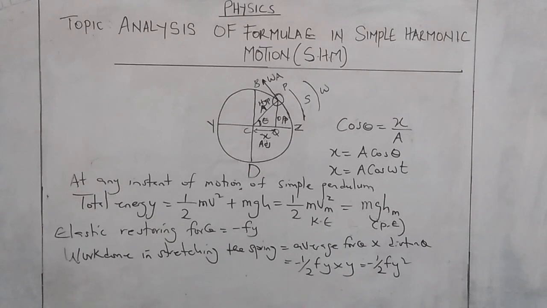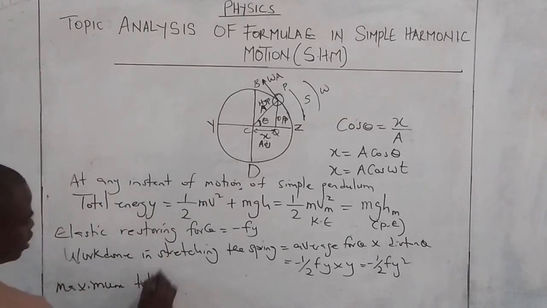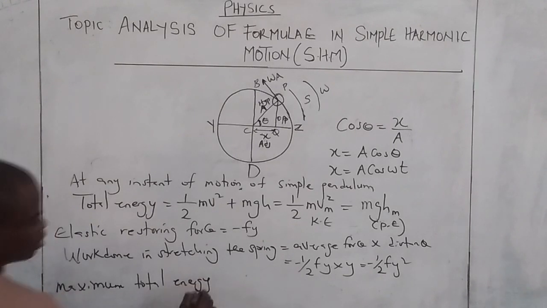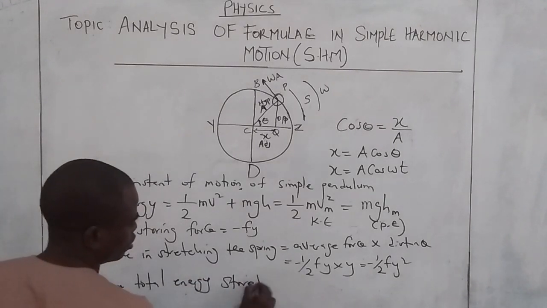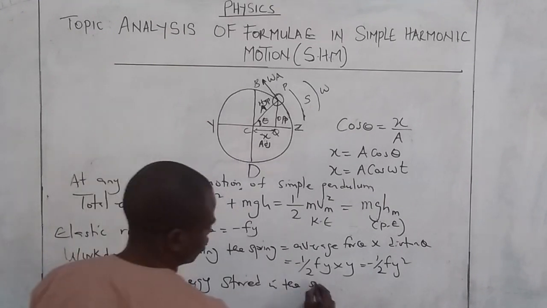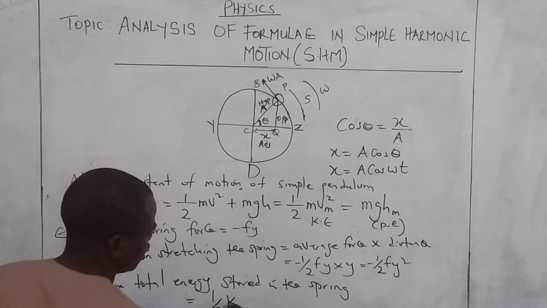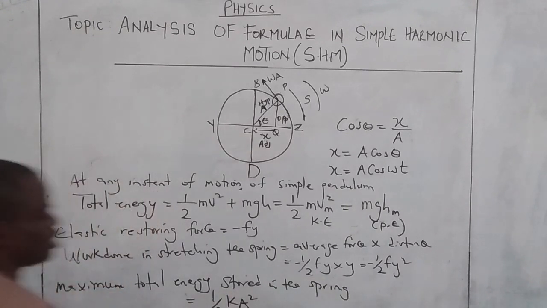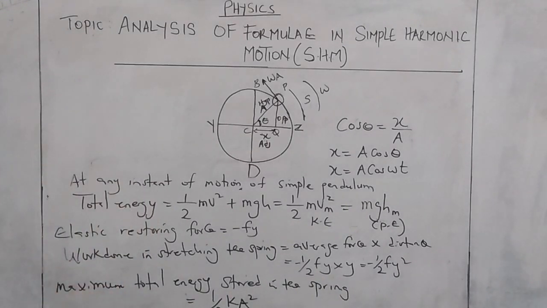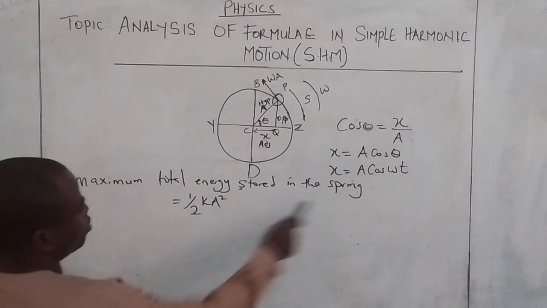The next thing that we need to know is the maximum total energy stored in the spring. Half Ka squared.